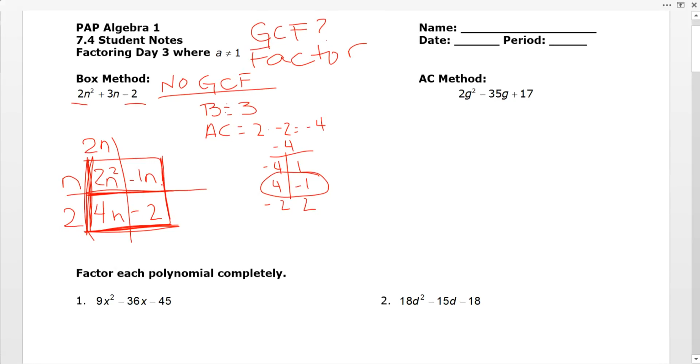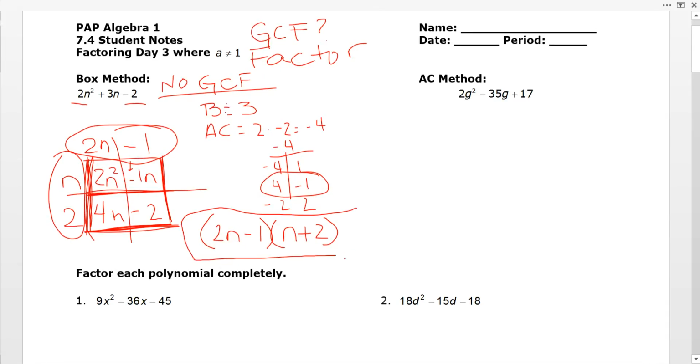And for the right-hand column, since the top one is negative, I'm going to put a negative sign, and there's nothing they have in common, so I'm just going to put 1 for my greatest common factor. So here are my two binomials, and so my answer is going to be 2n minus 1 times n plus 2. And that's the answer.